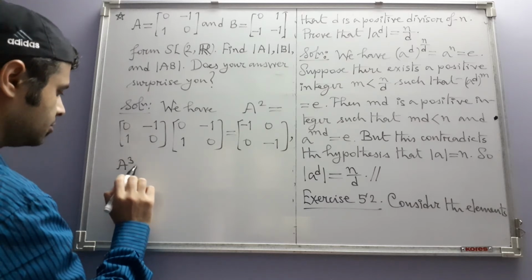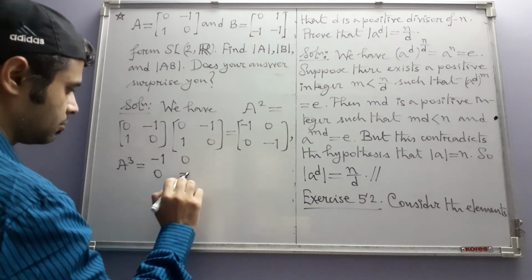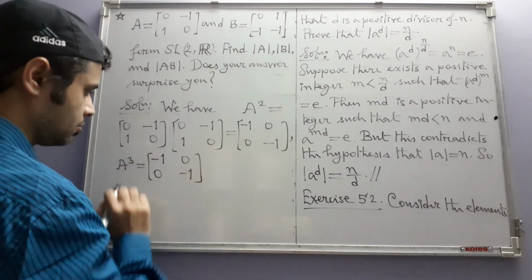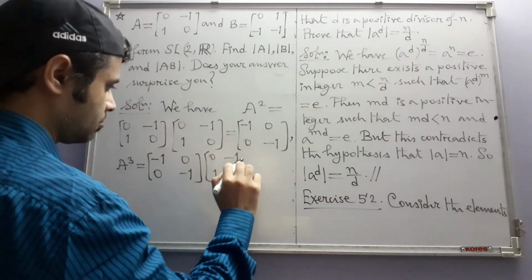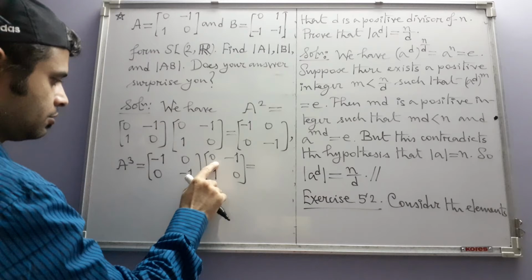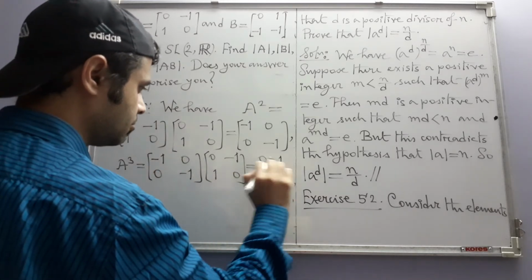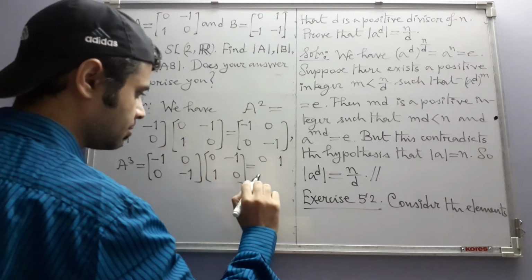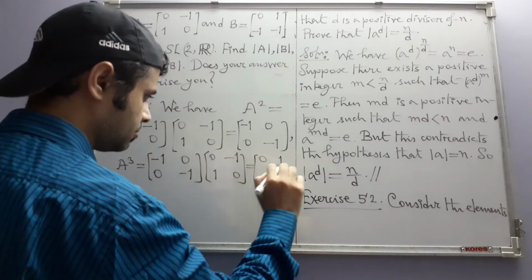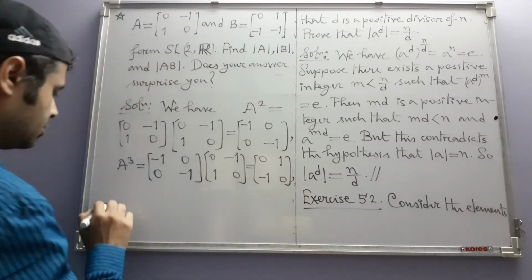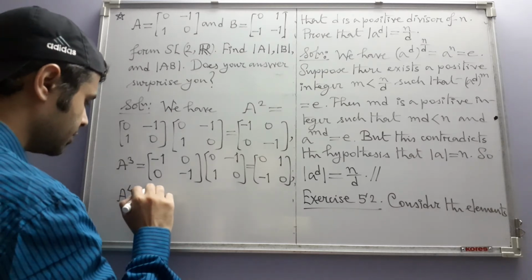What about A cube? A cube is A square times A. Zero plus 0, 0. 1 plus 0, 1. 0 minus 1, minus 1. 0 plus 0, 0. This is also not equal to the identity matrix, but we will find that A to the power 4 will become the identity matrix.